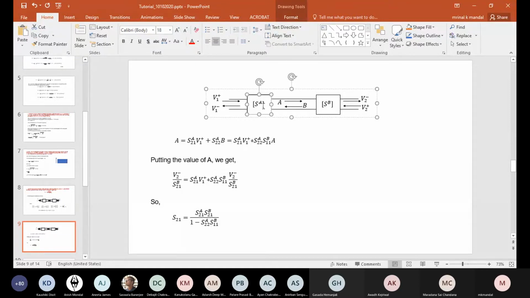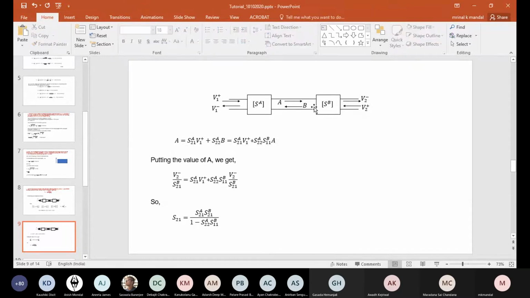So by definition, a part is coming due to V1 plus as A, which is given by S21A into V1 plus. We have an additional part. Why? Because this B comes from the second network and is reflected back from this output port. So this A has two components. One is due to V1 plus, and the second is due to reflection of this B.